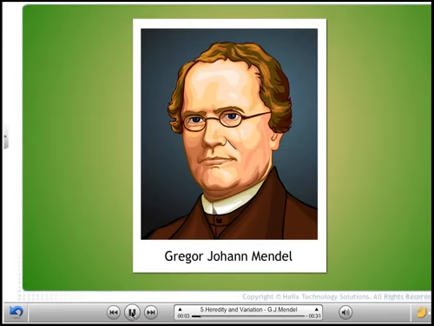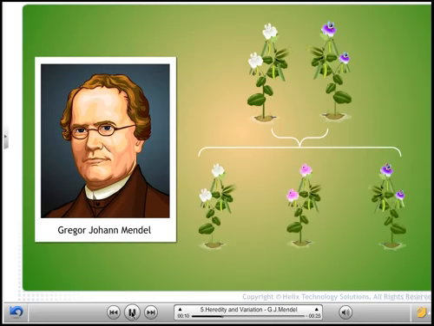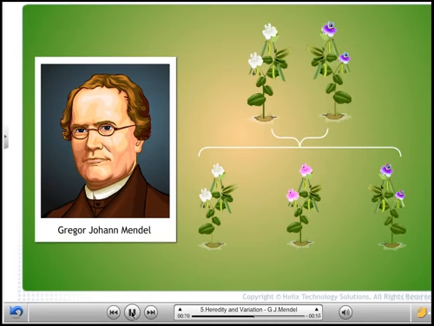Gregor Johann Mendel was the pioneer among geneticists who discovered the concept of inheritance of characters or traits from parents to offspring. He proposed the principle of inheritance and is known as the father of genetics.